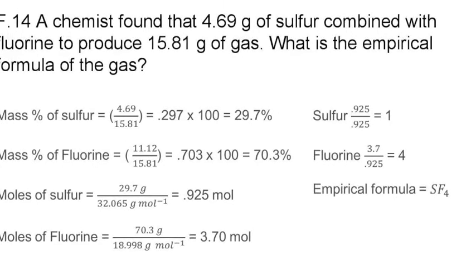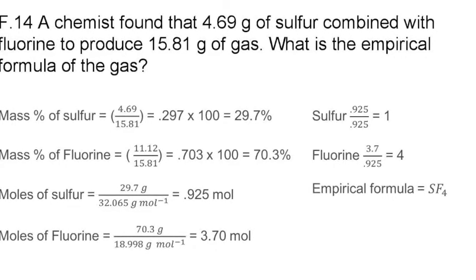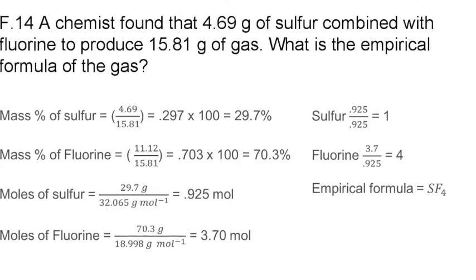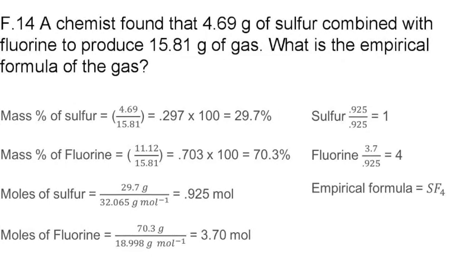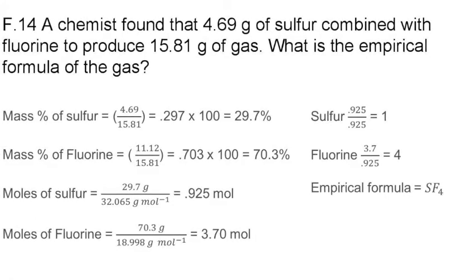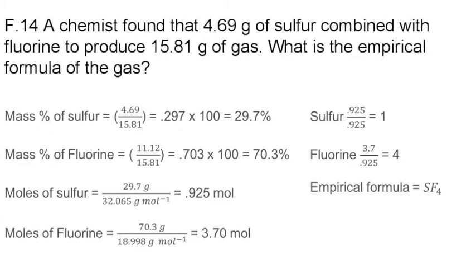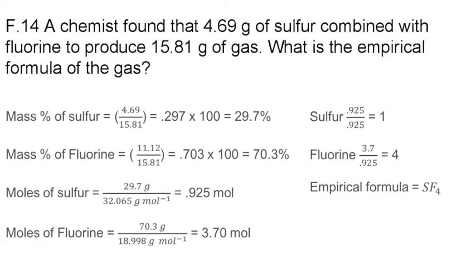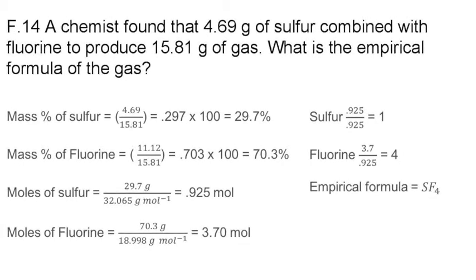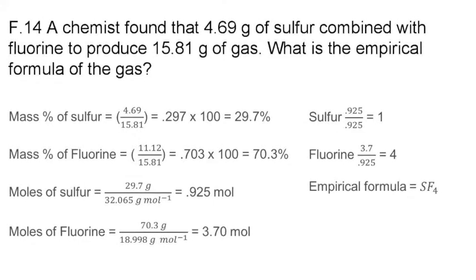We do this again with fluorine, and we get 11.12 by subtracting 4.69 from 15.81. And we put this over 15.81, which comes out to about 0.703, times 100, which comes out to 70.3%. So from here, we assume that we were given 100 grams of sample, so we just change these percentages to grams.